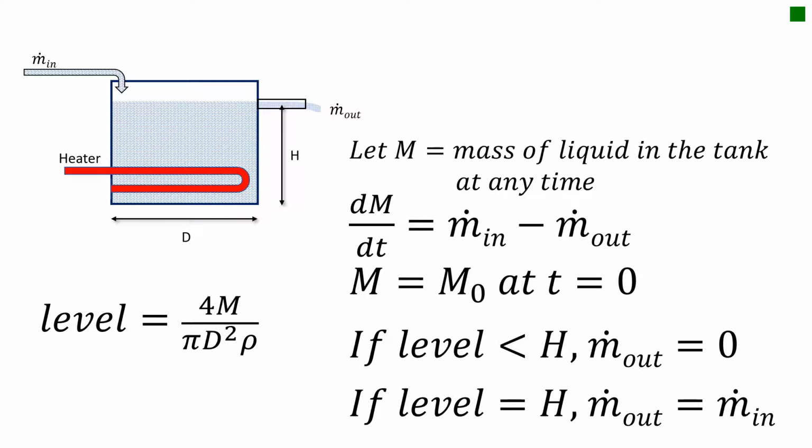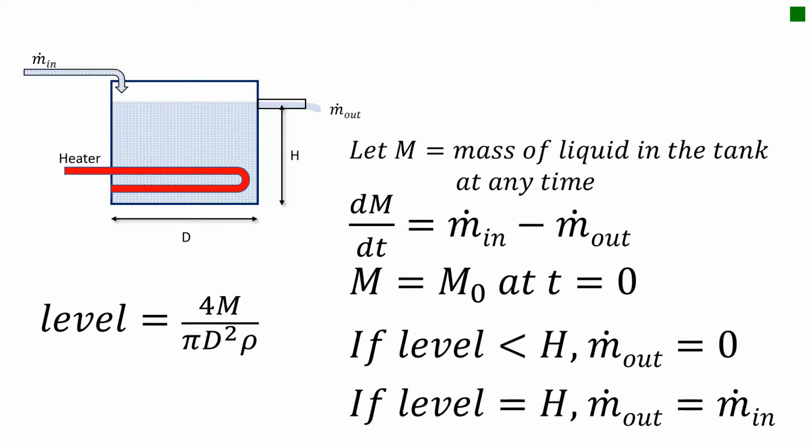At some time 0, we'll say that there is M0 kilograms of liquid in my tank. If the level in the tank is below H, there's no flow rate coming out, so m dot out would be 0. However, if the level reaches H, m dot out is equal to m dot in.